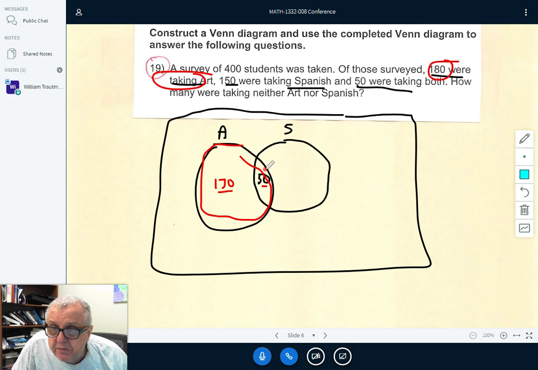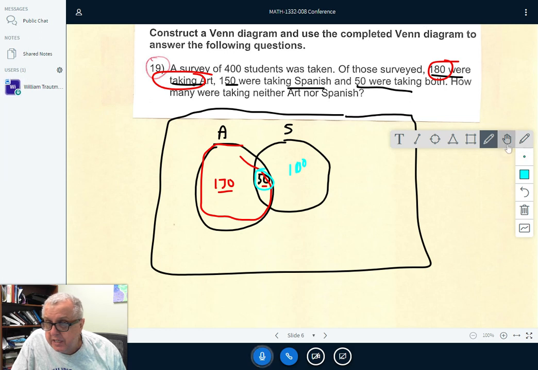We already have 50 here. So we have to have another 100 in Spanish because 150 was in Spanish. So we have 130, 50, and 100. What does that add up to? 130 and 50 is 180 plus 100 is 280.